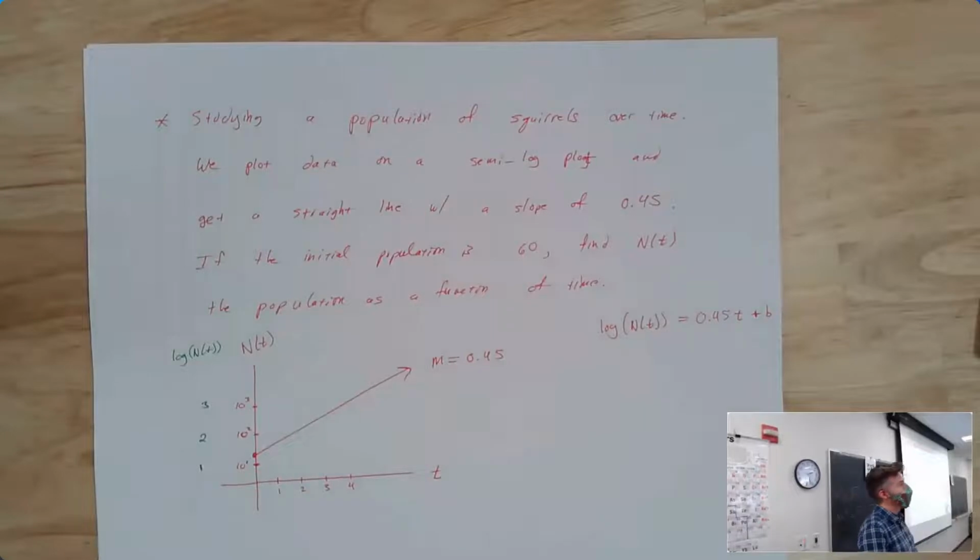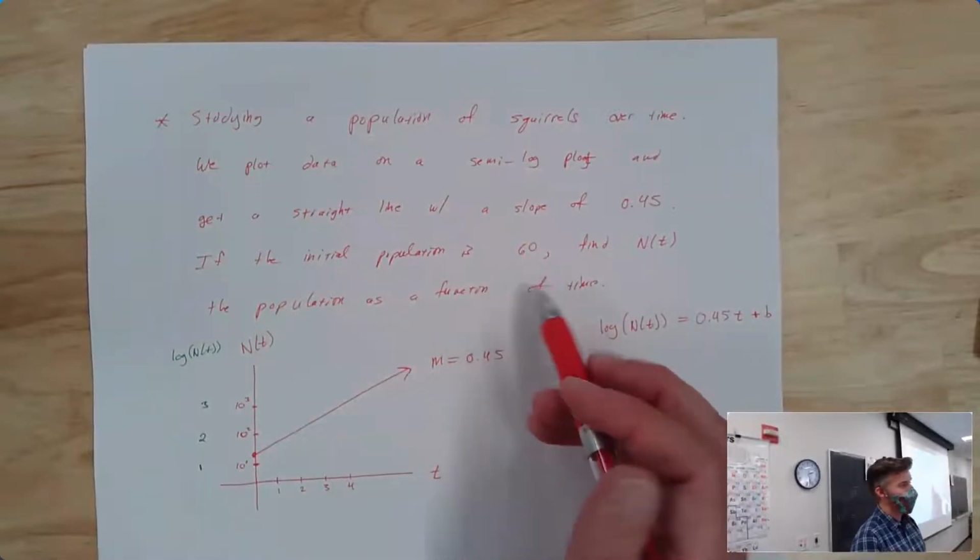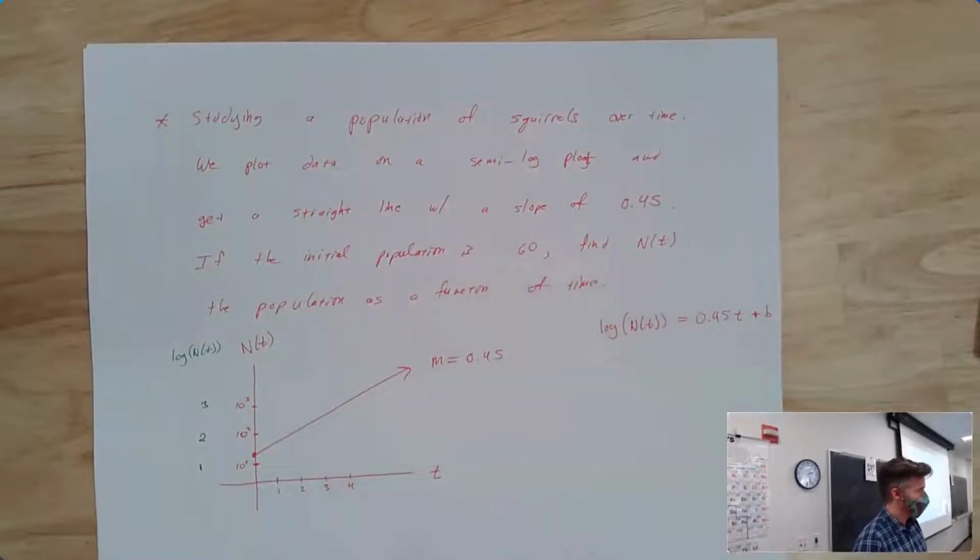Now, here's where things get a little bit dicey, just a little bit. What's my y-intercept? Well, we know something. We know the initial population of squirrels is 60. So what's my y-intercept? Good question. My y-intercept is log of 60, right?